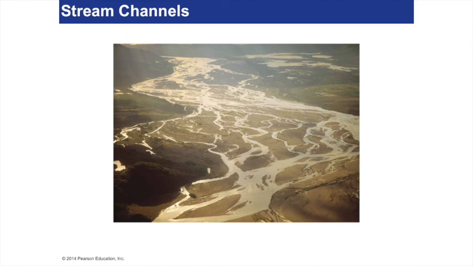So this is a picture of a braided channel. You've got such dense sediment that it fills it up, and then as it fills up the bank, it floods into another path and then dumps its particles, and then you just get river after river that's not one river but just a conglomerate of rivers, and that's why it's called braided. It looks like little fibers that are being braided into a rope.